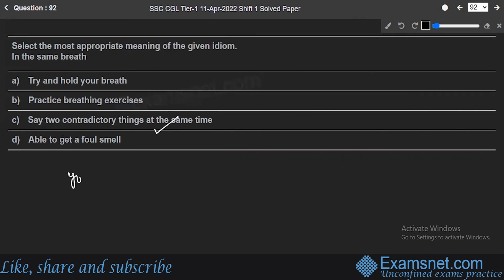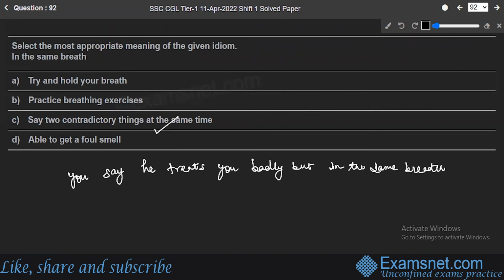You say, he treats you badly, but in the same breath, you tell me how much you love him, right? So this option C is the correct answer for this question.